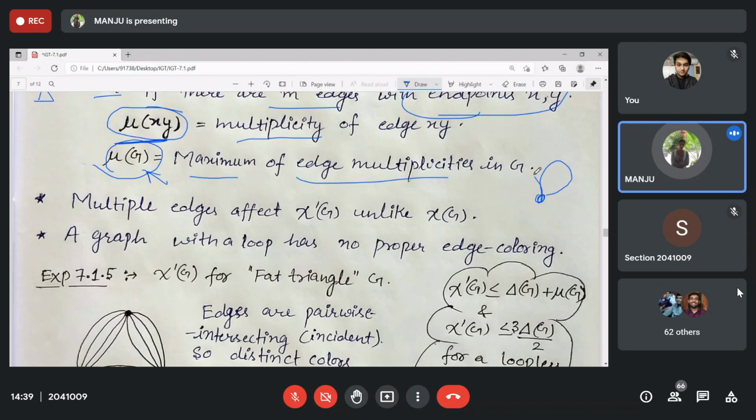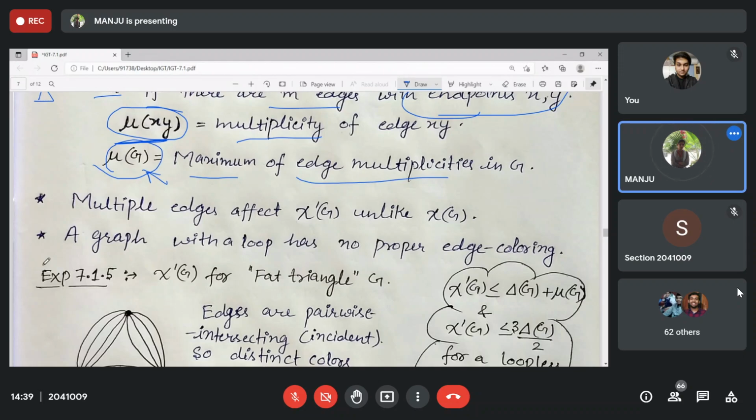So here you try to color by using blue color. Then what about this one? You cannot color it blue, right? So in edge coloring, we use loopless graphs. For a loopless graph, there can exist a proper edge coloring.